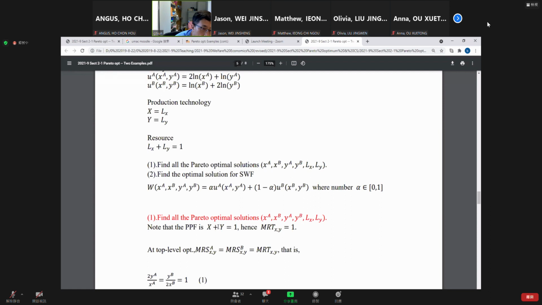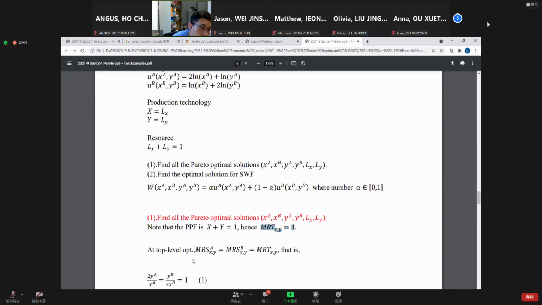In other words, the marginal rate of substitution in the technical sense in social production between X and Y equals 1. So for this example, the so-called marginal rate of transformation is very simple, equal to 1. Basically, you can give up some X in order to get more Y. So the exchange rate is 1 to 1. It's quite simple. This is a lovely result, it can simplify all the calculation.